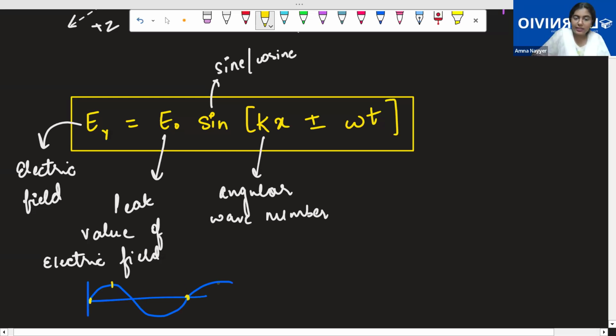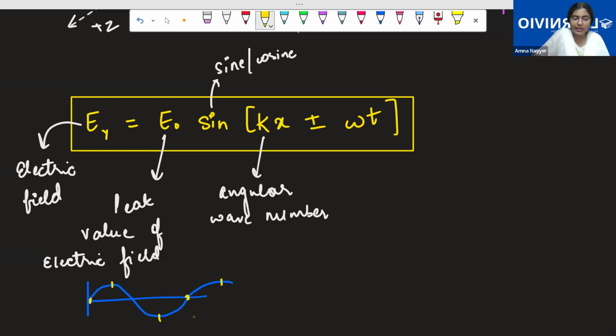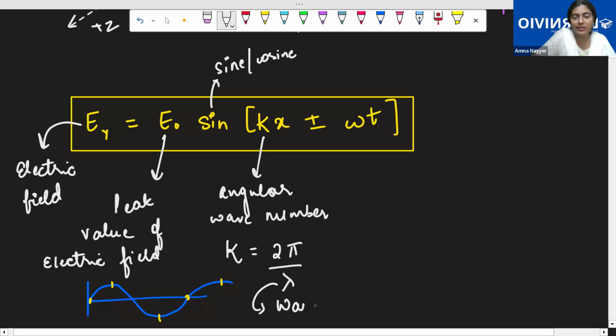It could be between two consecutive crests also, two consecutive troughs also, and between one complete nodal end also. So that is known as the wavelength. So for the wavelength, there's a constant which is known as the angular wave number, equal to 2 pi by lambda, where lambda is actually the wavelength present.